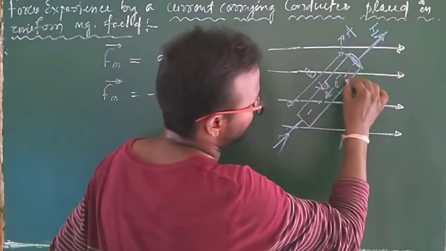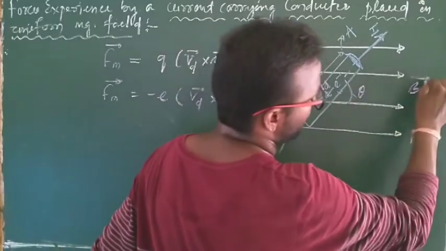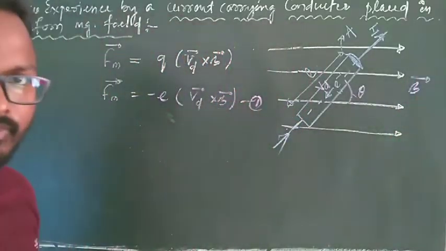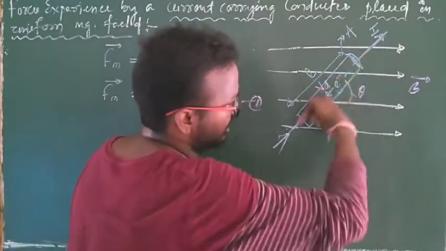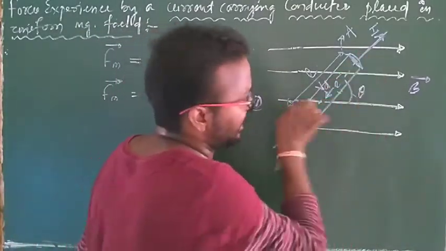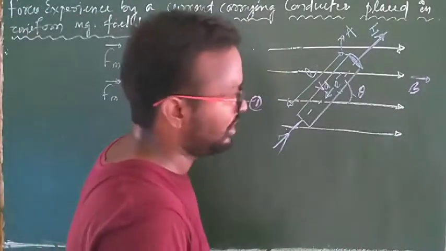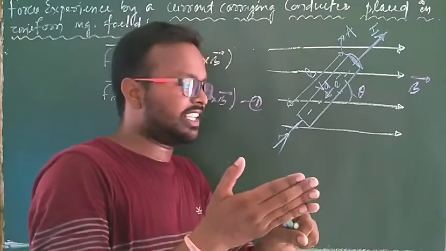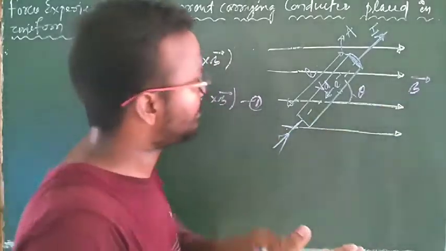Suppose this angle is theta and this is the direction of uniform magnetic field B. Clear? If this is the direction of electron and this is the direction of magnetic field, if we use the right hand palm rule, then the tip of the fingers indicates the direction of magnetic field and the thumb indicates the direction of flow of charge.